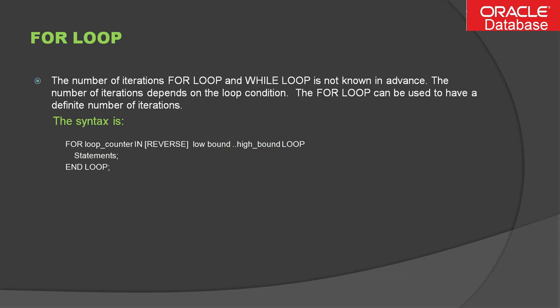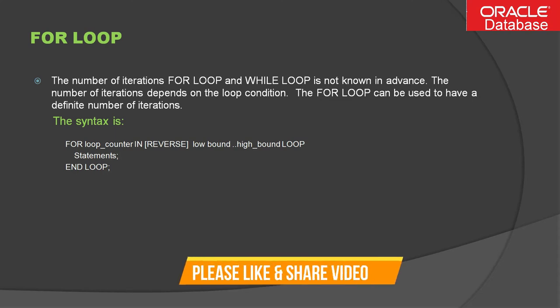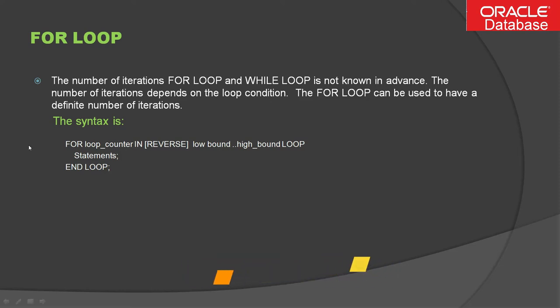Now let's understand the for loop. The number of iterations for a simple loop and while loop is not known in advance. The number of iterations depends on the loop condition. The for loop can be used to have a definite number of iterations. The syntax of the for loop is something like this.